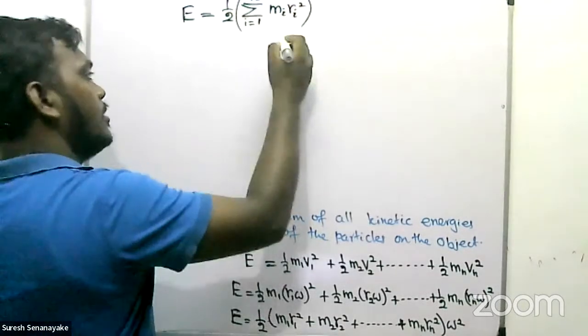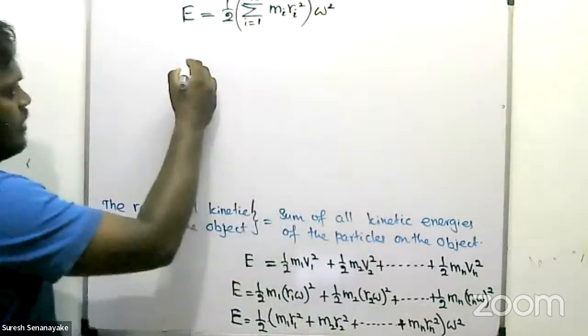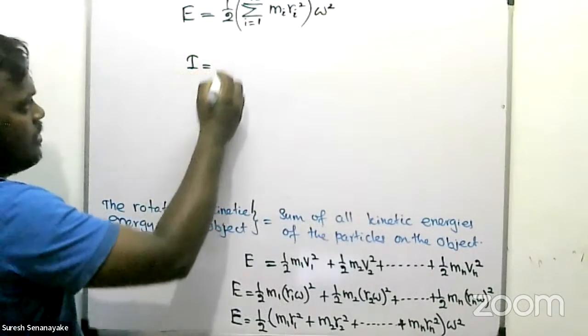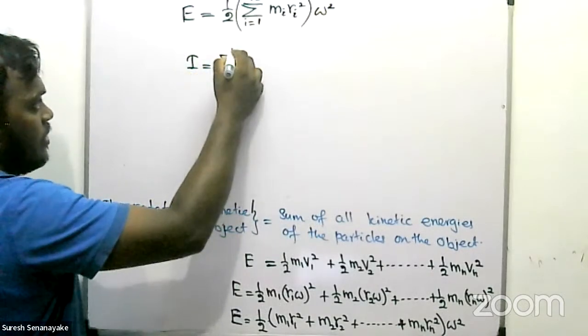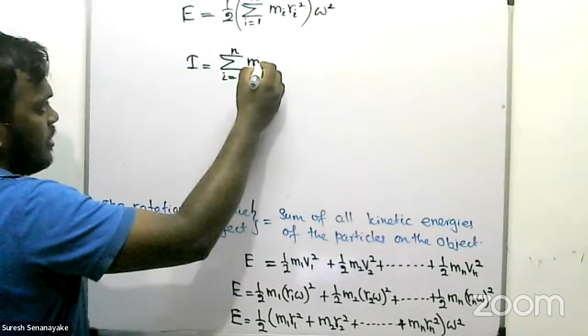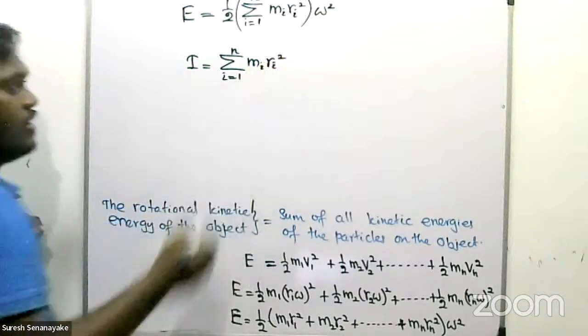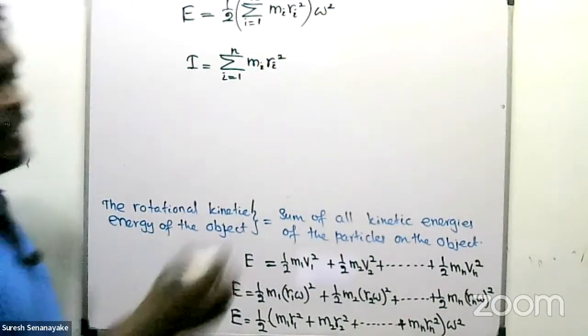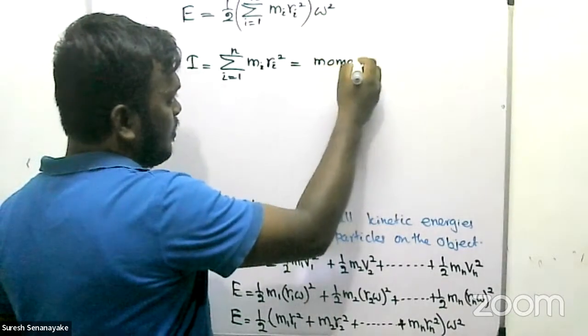So in short form, the I equals the sum of the moments of inertia of individual particles, that is mi ri square. So it is the moment of inertia of the system or the object.